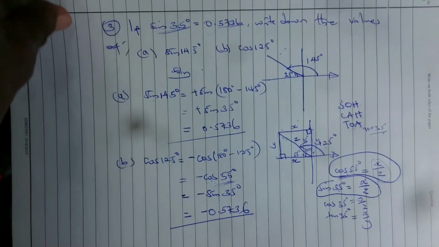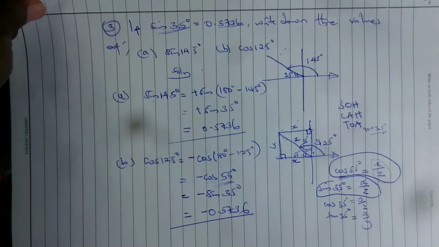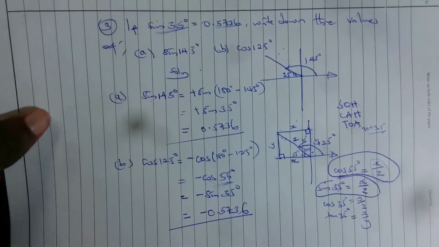Okay, so we can go to our next number. Let us look at another category of numbers. It's number 4.